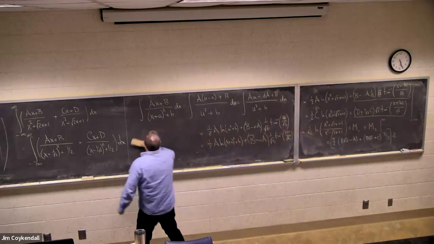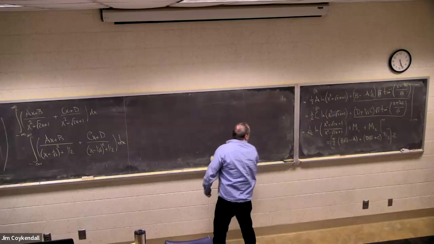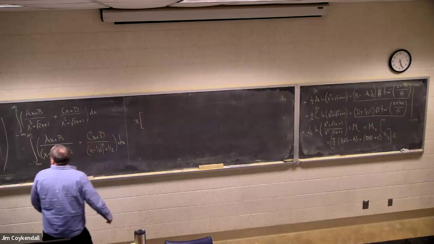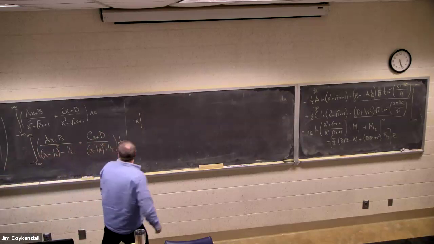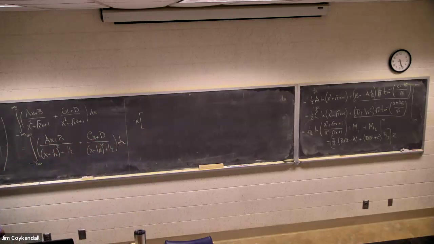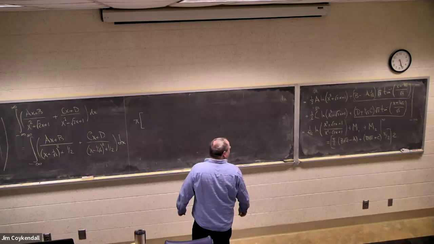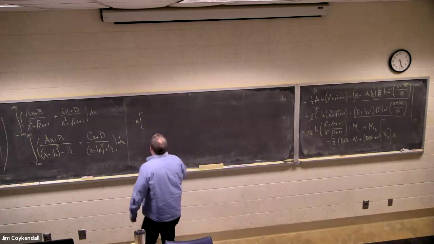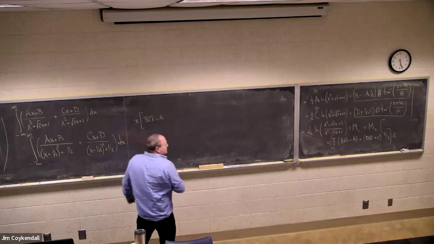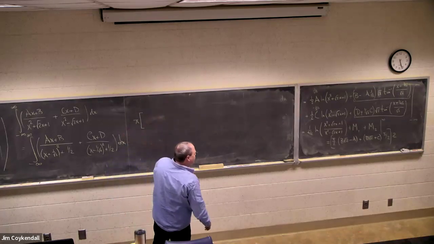So at the end of the day, what do we get? Well, doubling that, we get pi times b radical 2 minus a. Let me write this. This is pi times b radical 2 minus a, or 2 radical 2. No, I doubled that, so that's right.